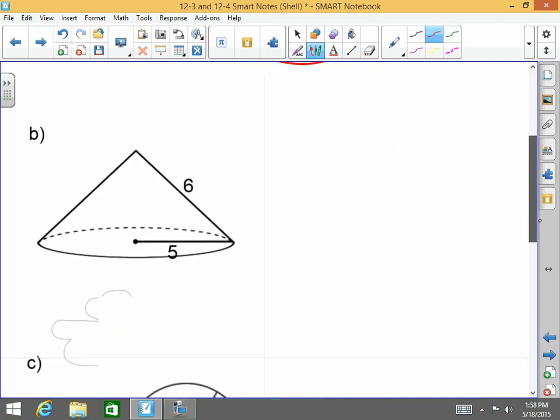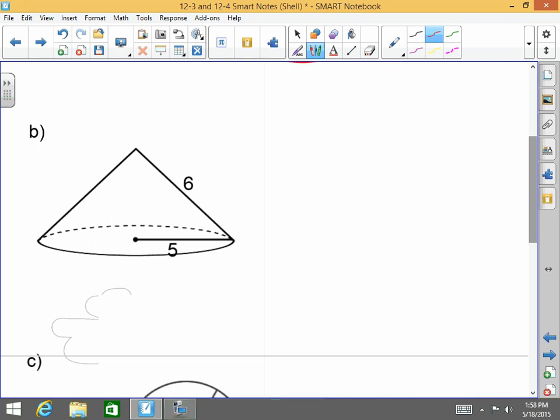B, find the area of this cone. Okay, well, the surface area for a cone, which we just saw, was pi r squared, the base, plus half the circumference, so pi r times my slant height.